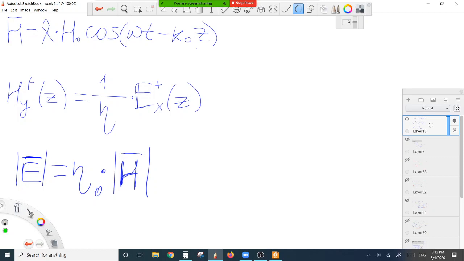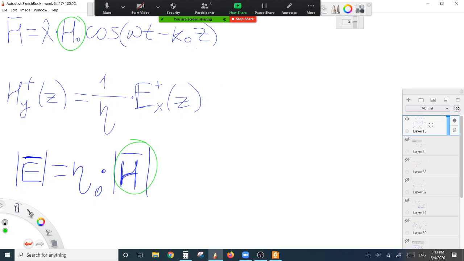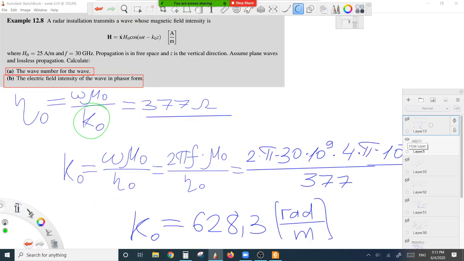And the magnitude of magnetic field intensity in our case is H0, and H0 is given as 25 ampere per meter.